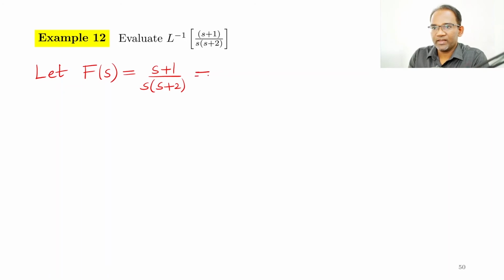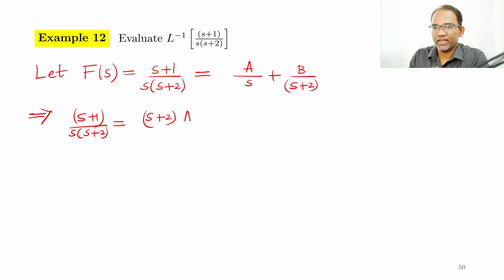This can be written as A over s plus B over (s plus 2). So (s plus 1) over s(s plus 2) equals ((s plus 2) times A plus s times B) over s(s plus 2).